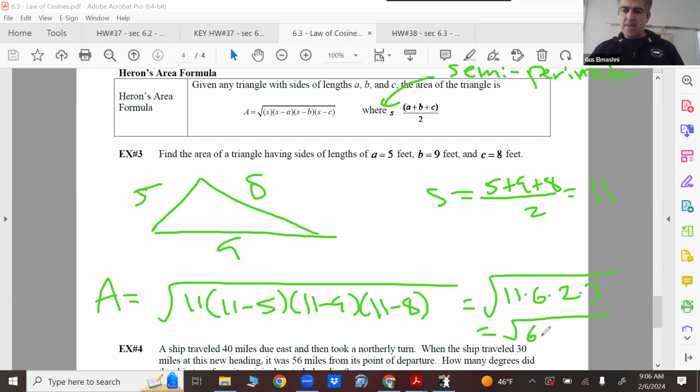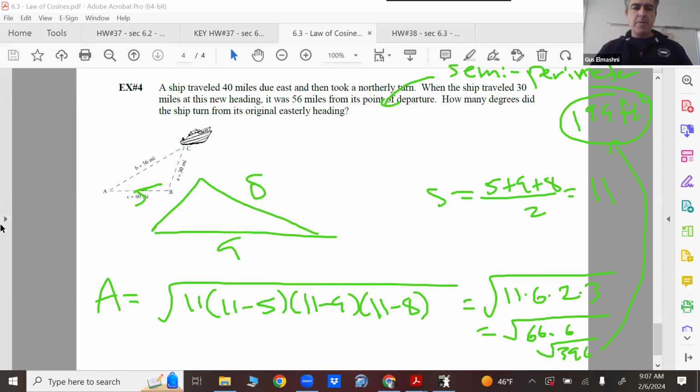I should get 66 times 6, which is 390. And then if I take the square root, that's going to be kind of nasty: 19.9. So that's area, 19.9. And you should give units if units are provided. It's square feet. So that's the area of the triangle. It's just plug and chug. It's not that hard. It's a very vanilla type problem, but it is what it is.